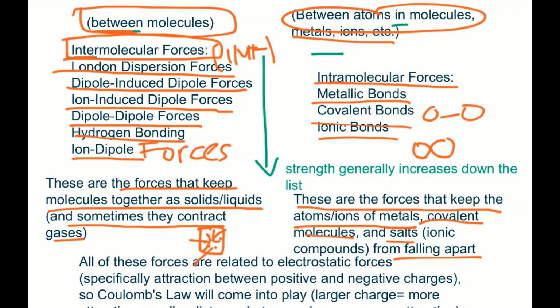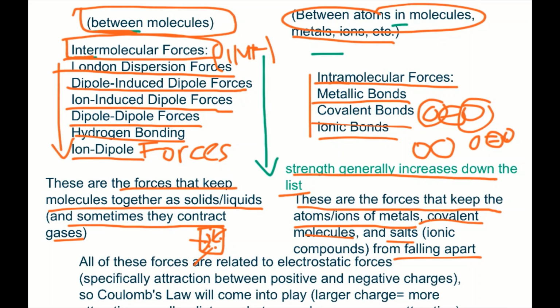This makes sense because, for example, the covalent bond keeps these two atoms from falling apart. For example, O2 has a double bond to keep the two oxygen atoms from falling apart. And note that strength generally increases down the list. So as you go down this list, the strength of the bond generally increases.